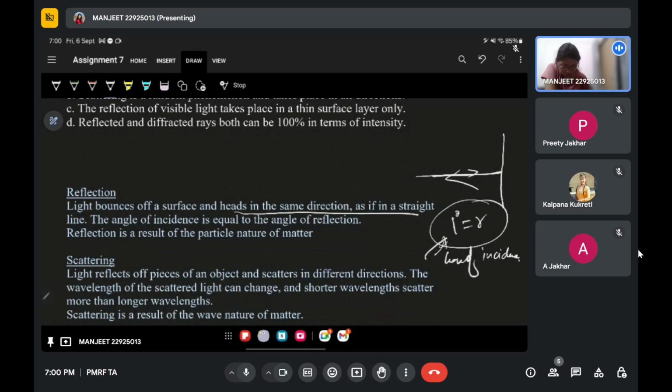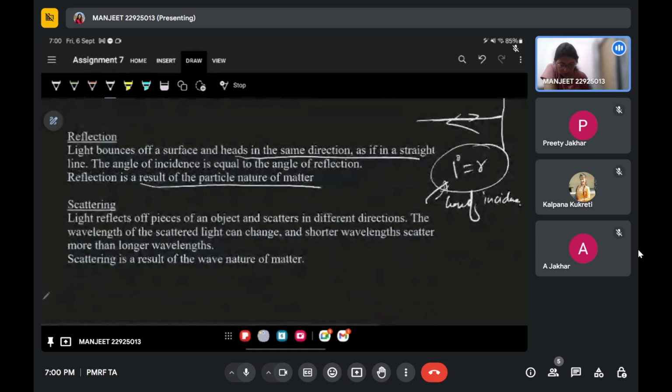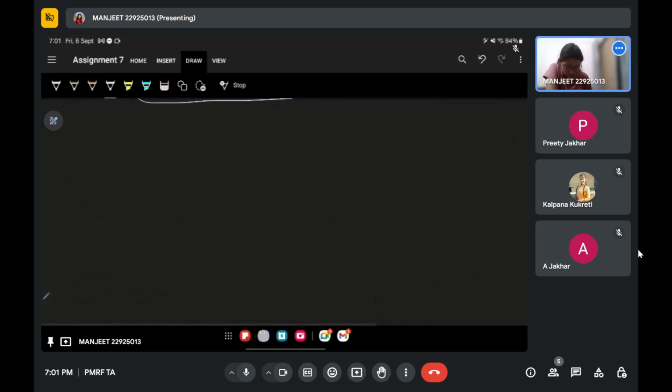Reflection is generally a result of the particular nature of the matter. Scattering is light reflecting off the pieces of an object and scattering in different directions, and the wavelength of the scattered light can change, with shorter wavelengths scattering more than longer wavelengths. Scattering of light is because of the wave nature of the material.